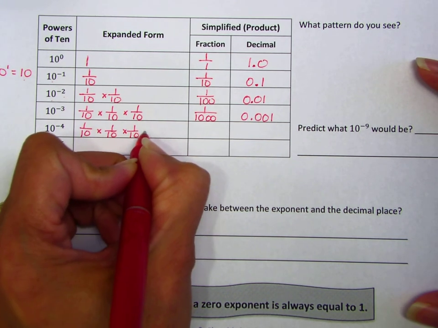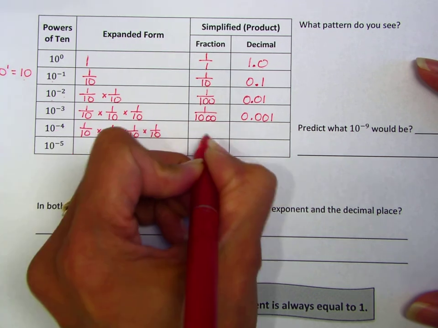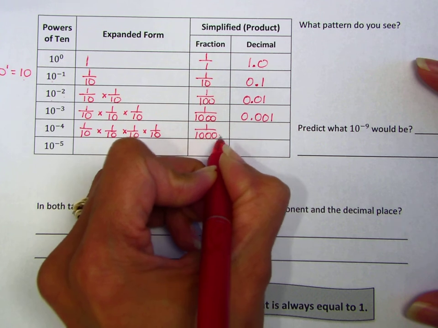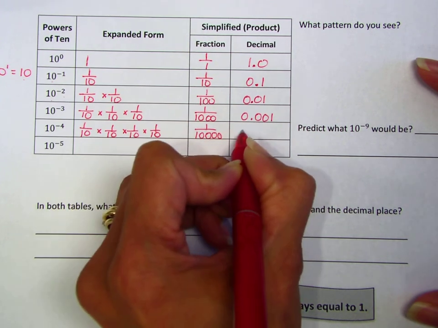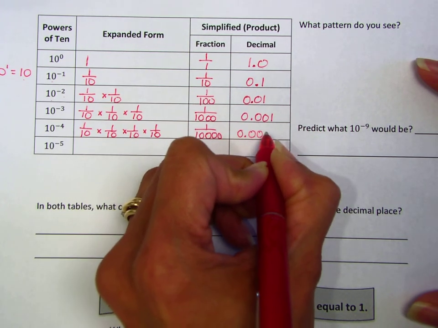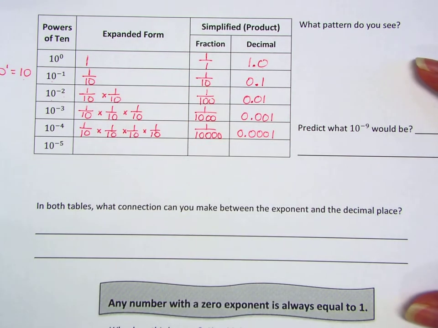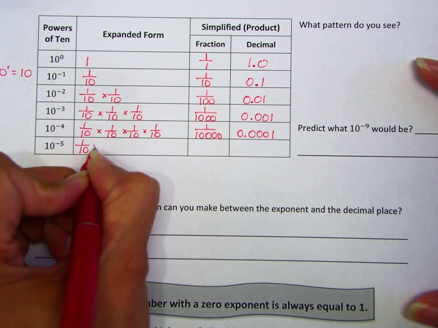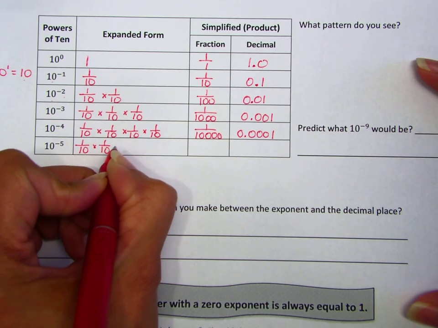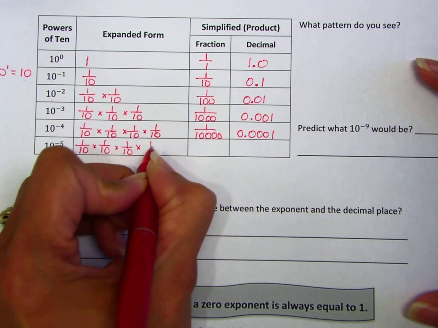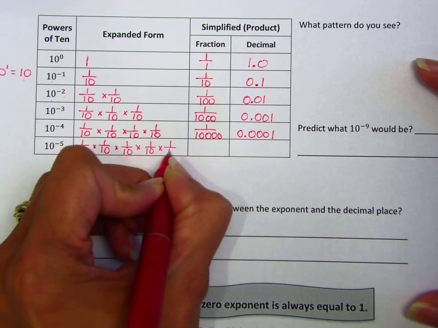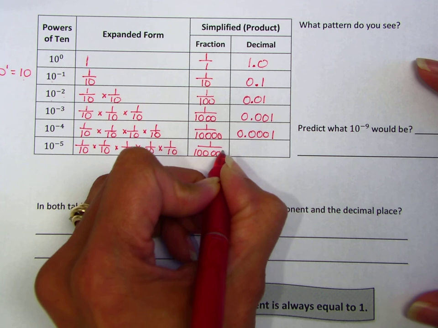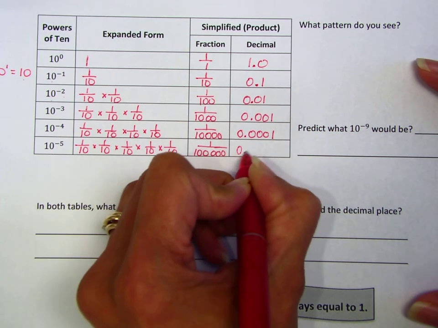And then for 10 to the negative fourth power, we have 1/10,000th. And 10 to the negative fifth power, 1/100,000th. It's a lot of zeros.